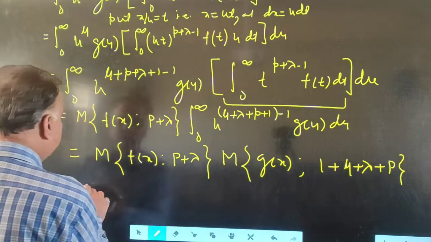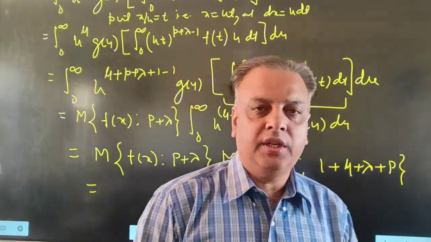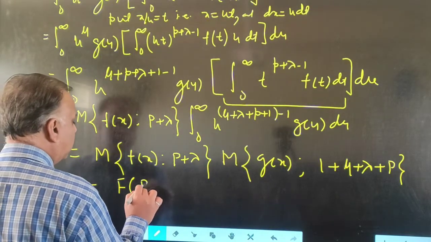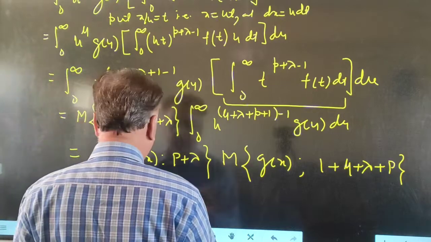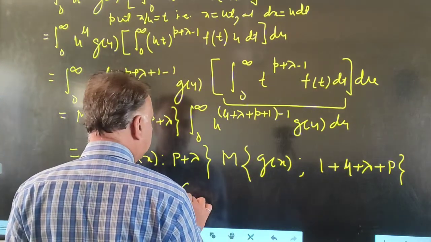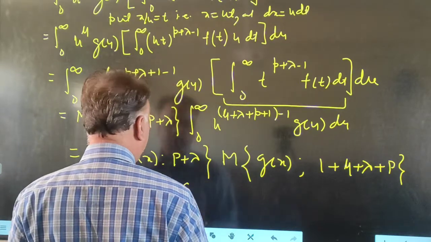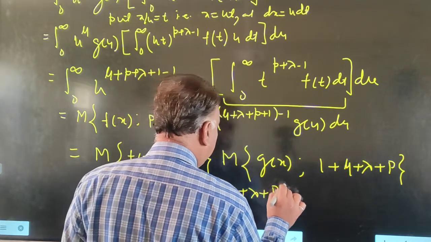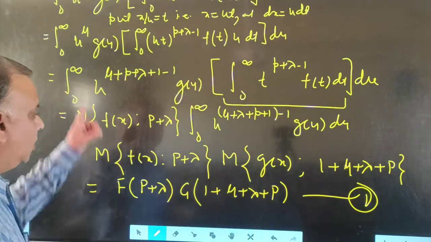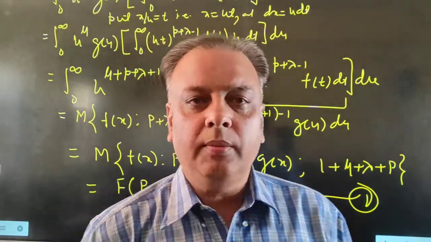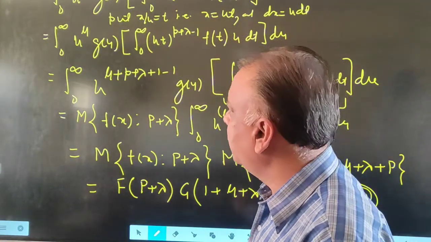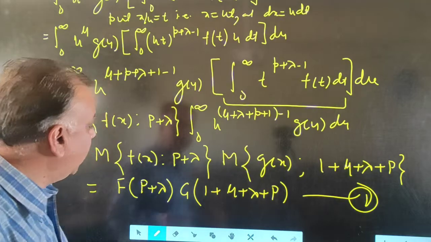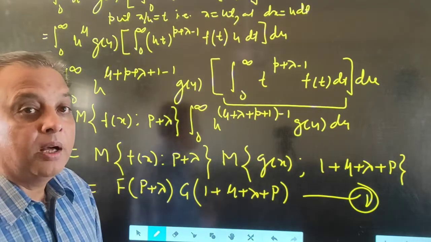As the Mellin transform of f is F(p), this is F of p plus lambda, and this is G of 1 plus mu plus lambda plus p, which is the required result. So the Mellin transform of the given function x raised to lambda integral 0 to infinity u raised to mu f of x upon u g of u du is equal to F of p plus lambda multiplied by G of 1 plus mu plus lambda plus p.